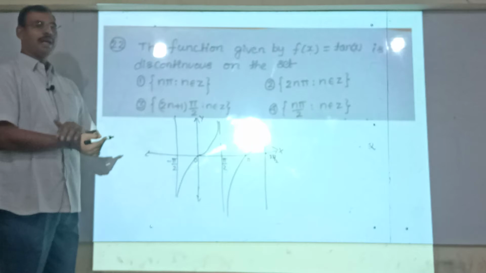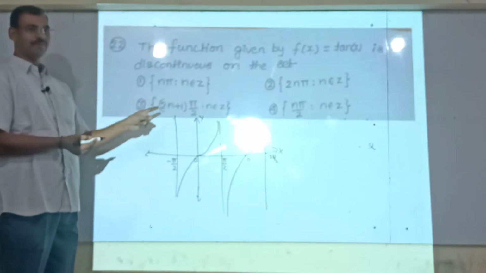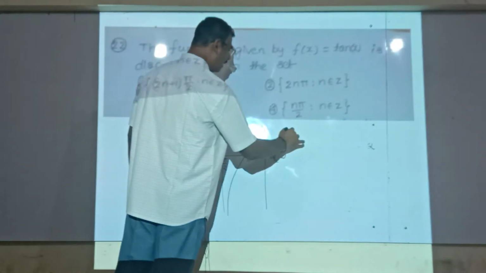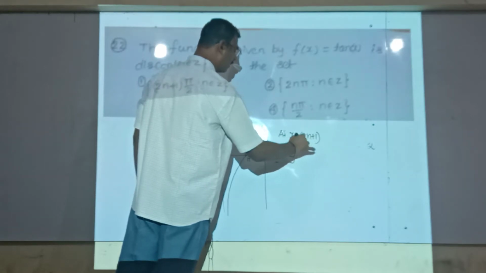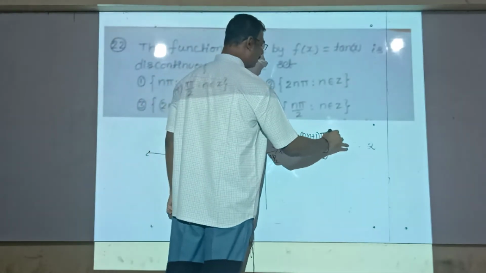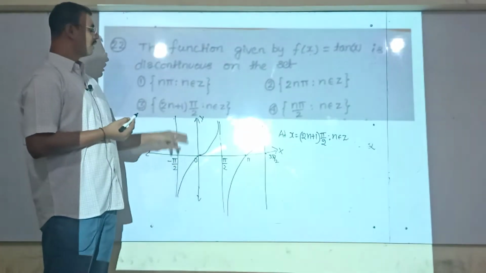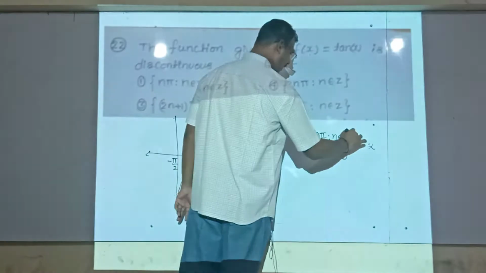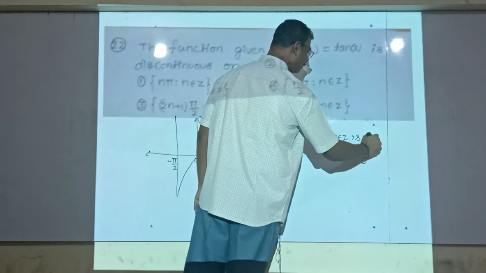It means it is not defined at all odd multiples of pi by 2, that is 2n plus 1 times pi by 2, where n belongs to Z. At these values the tan x graph is not defined.